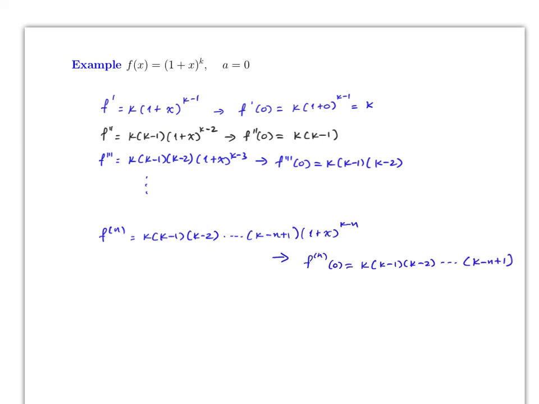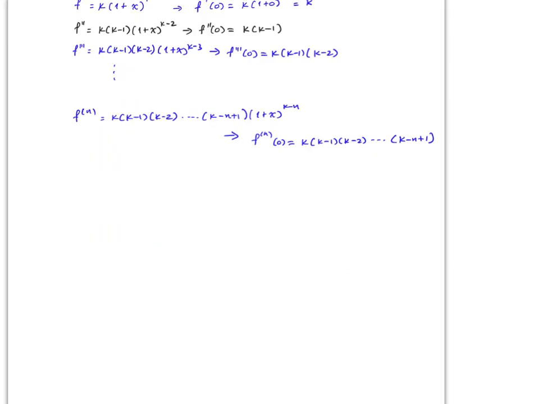Which again should make sense, because if n is 3, this is k - 3 + 1. So therefore, f of x is going to be the sum from n equals 0 to infinity of the nth derivative, which is k(k-1), all the way to (k - n + 1), divided by n factorial, and then this will be (x - 0)^n.